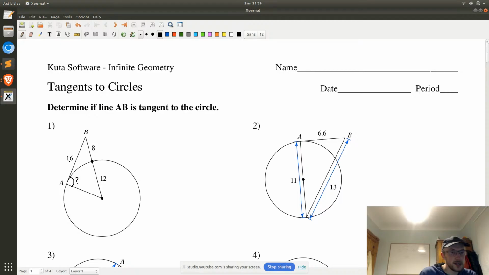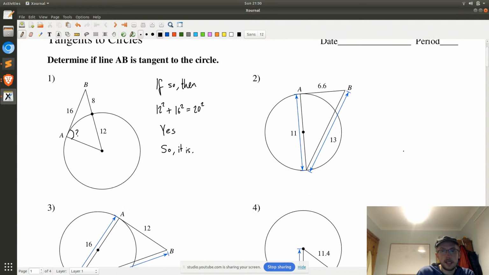And if it's 90 degrees, then 12 squared plus 16 squared would have to equal 20 squared. And does it? Does 144 plus 256 equal 400? Yes. So it is. Next.